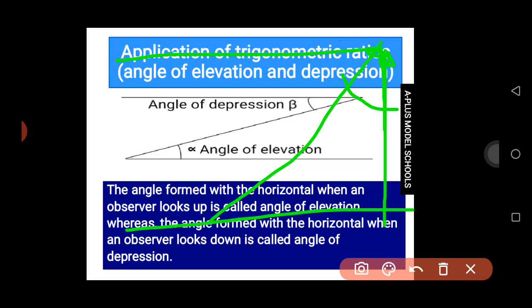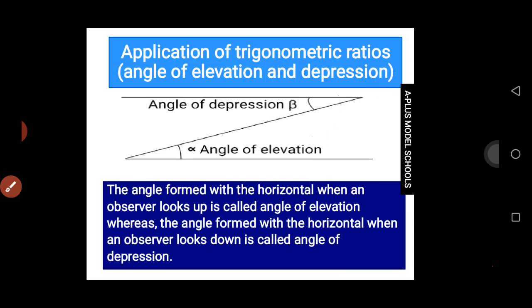You can see this will be your horizontal level because this will be the direction of your eyes. But when you set your eyes down, that will now give you angle of depression. So the angle formed with the horizontal when an observer looks down is called angle of depression.